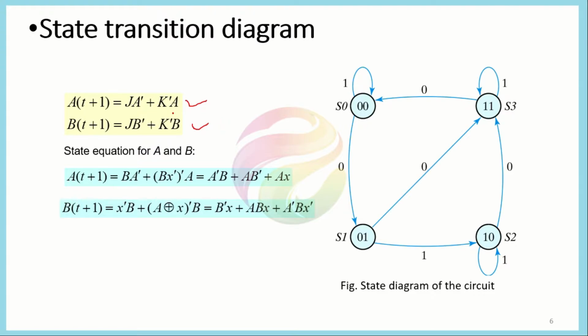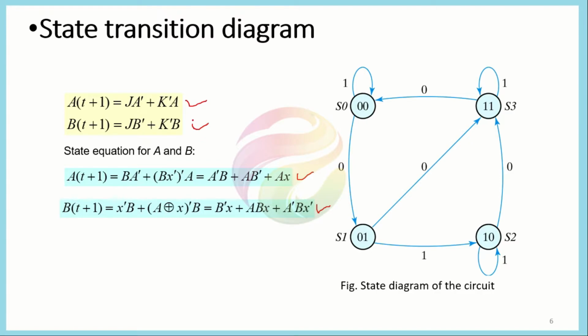Remember we have K equal to B x complement, so we put it here, and JA was equal to B, so we put it here. In this way we put the input equations of the JK flip-flops into the main equations of the JK flip-flops, and we get the equations for the next states, A t plus 1 and B t plus 1.